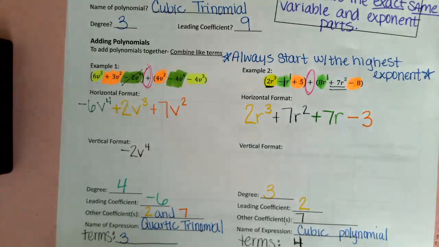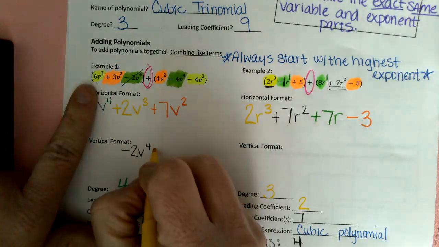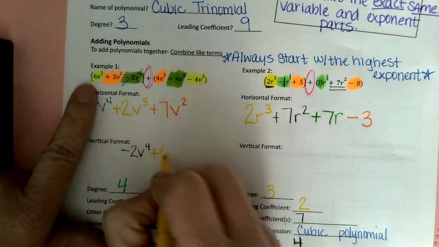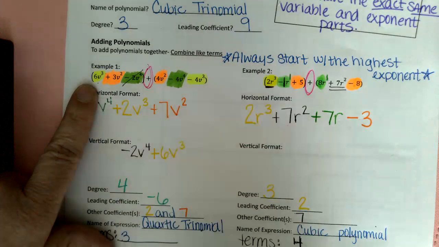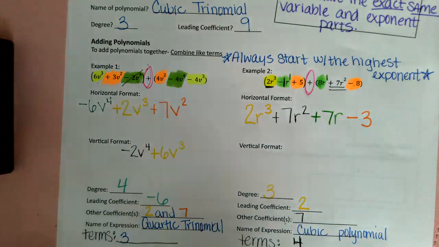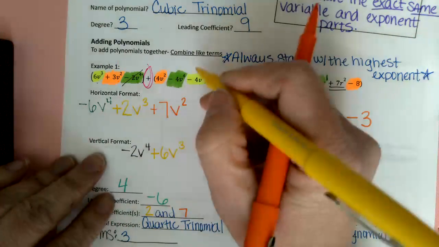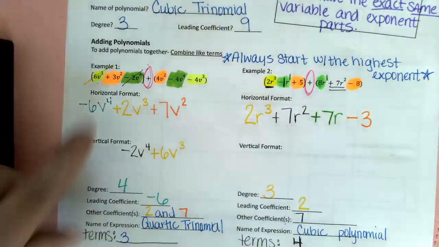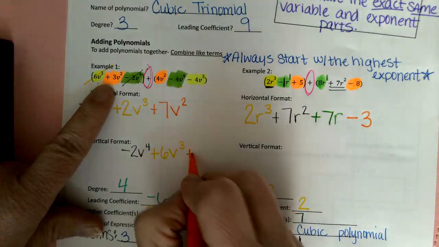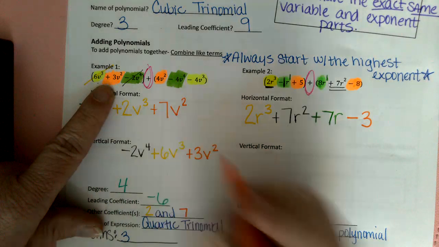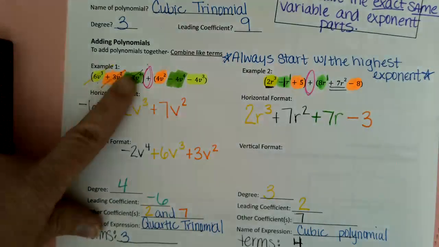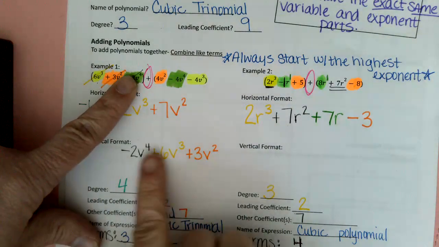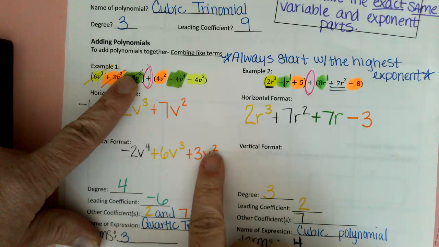So I'm going to write that one down, a positive 6v cubed. So I've got that one done. And then my last one is a positive 3v squared. I wrote all 3 of my first ones down. Notice they go in order 4, 3, 2.